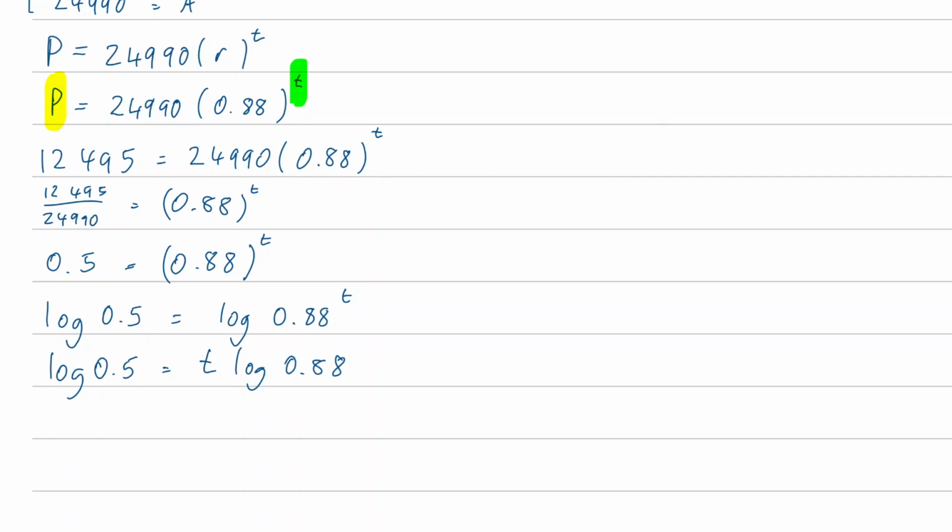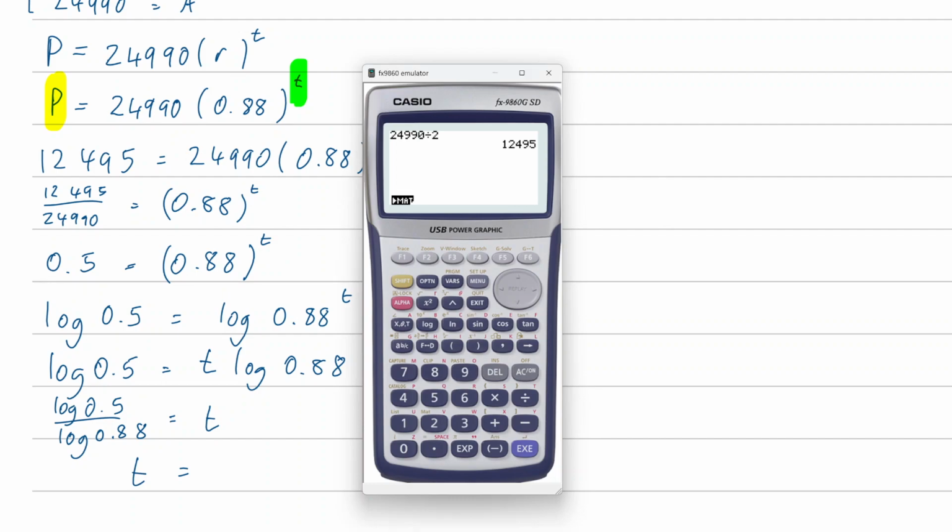And now to solve for t, we can divide both sides by log of 0.88. So log 0.5 divided by log 0.88 will equal t. Again, log of 0.5 and log of 0.88 are just numbers.